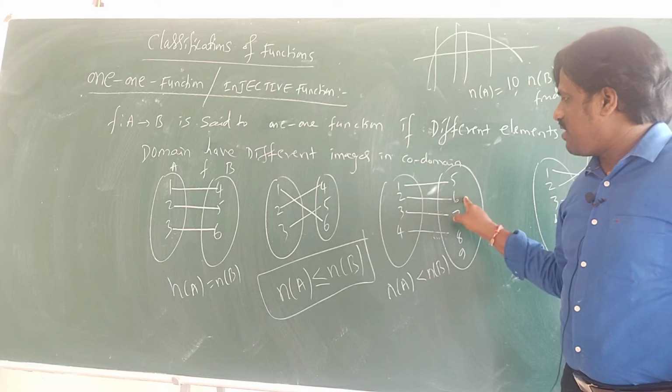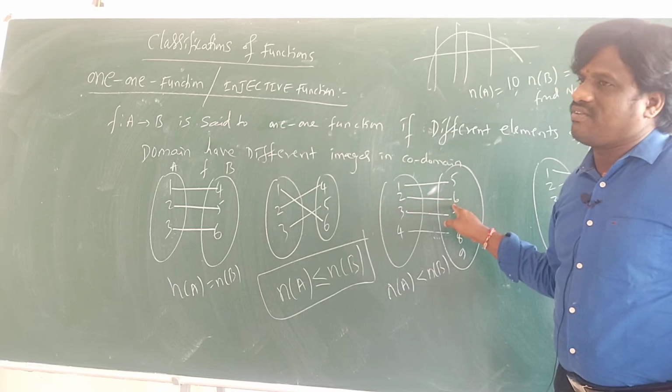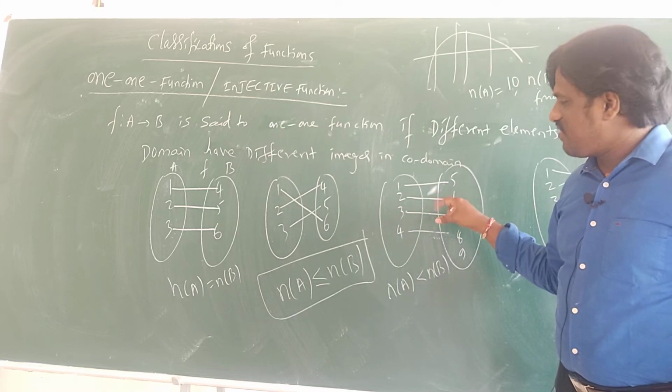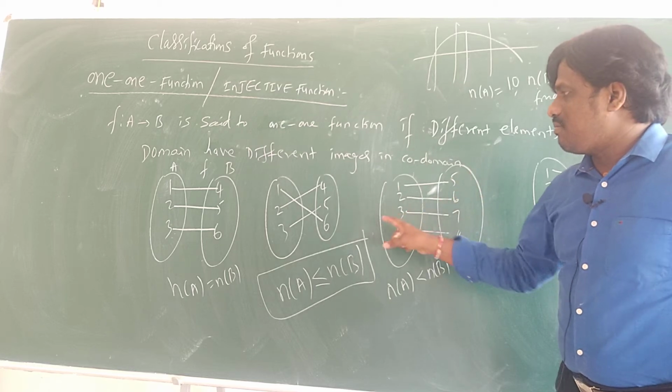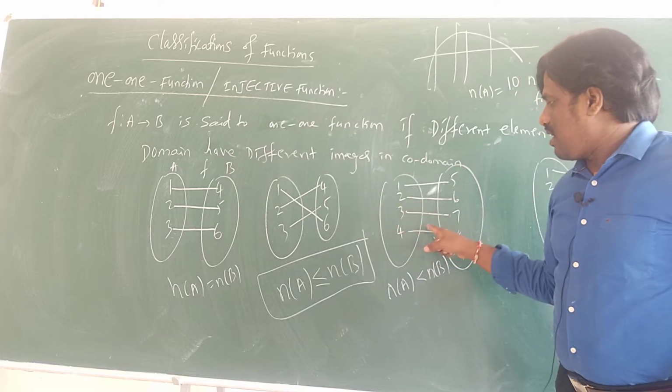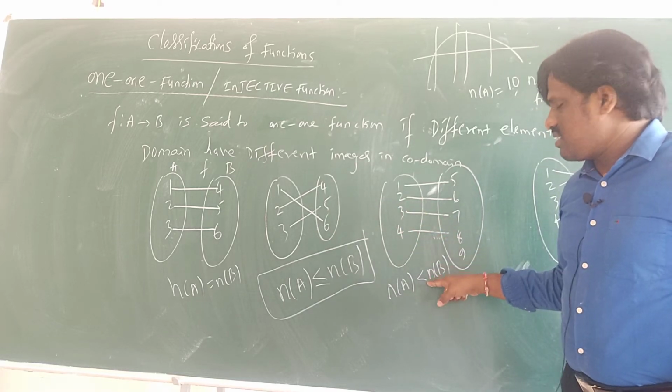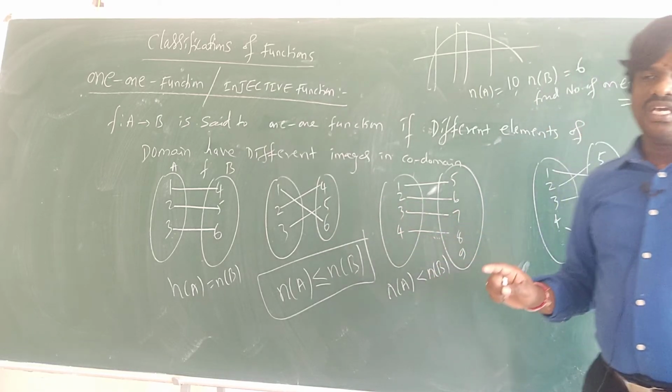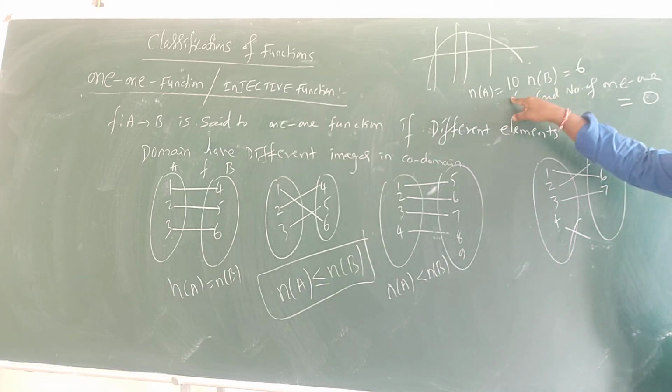It should not have both the same image. So different images are possible when the number of A is equal to the number of B, and when the number of A is less than the number of B. If they give the number of A more than the number of B, then the number of one-one functions is 0.